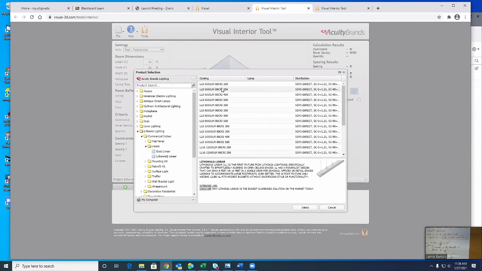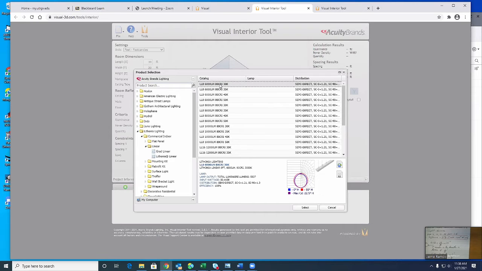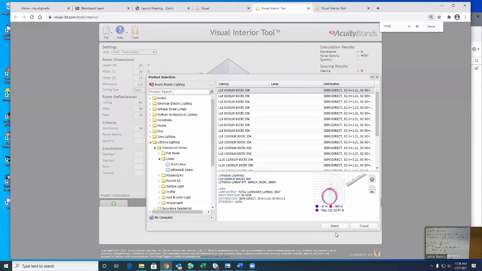Lithonia linear. See there? We have the data of the lamp. Look, first we have the illuminance distribution, the polar plot. So we can see that all the lumens are directed downwards, okay? Downwards.